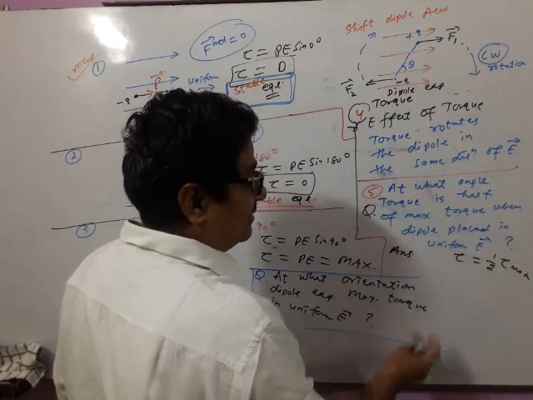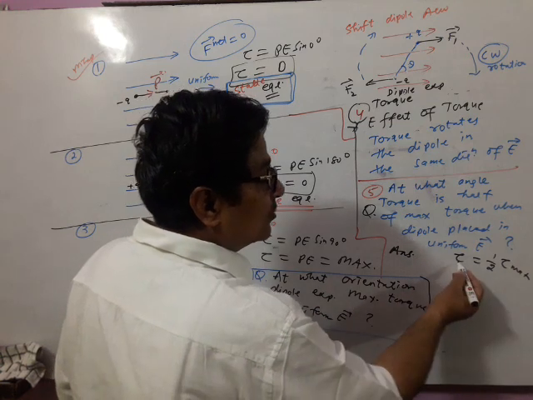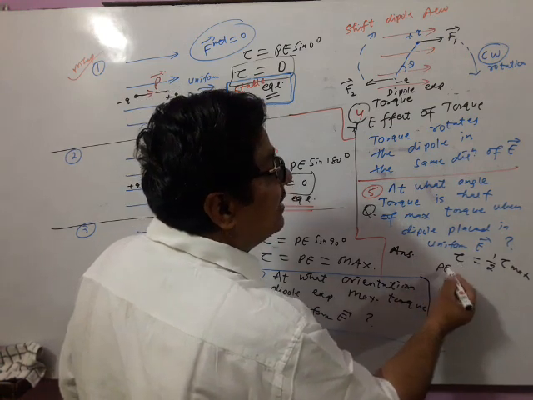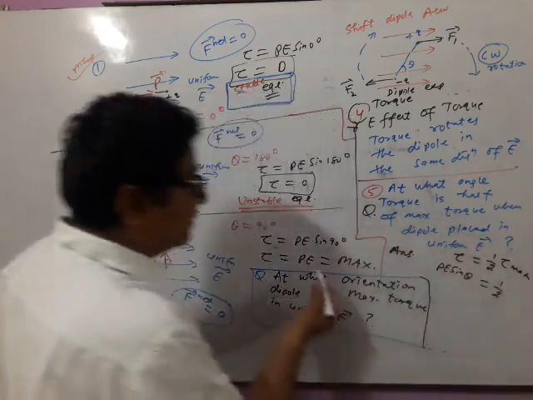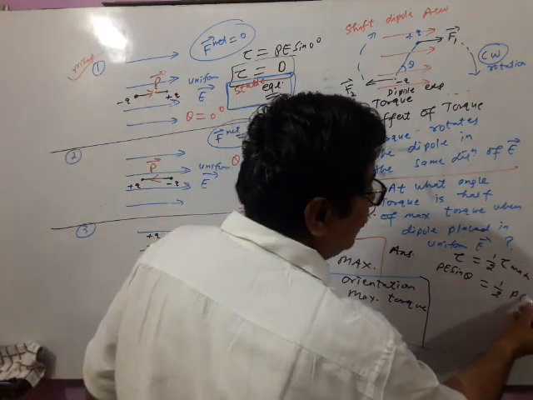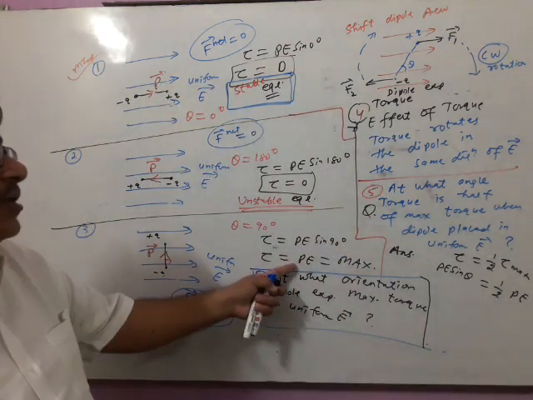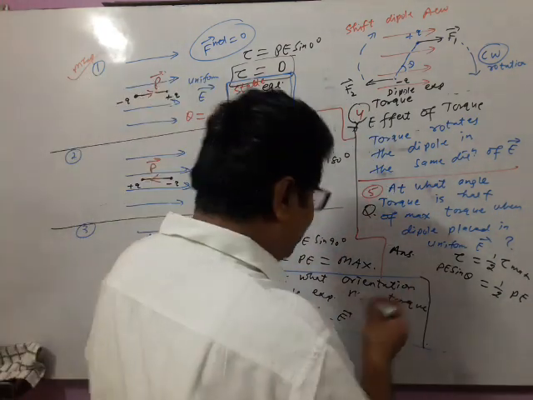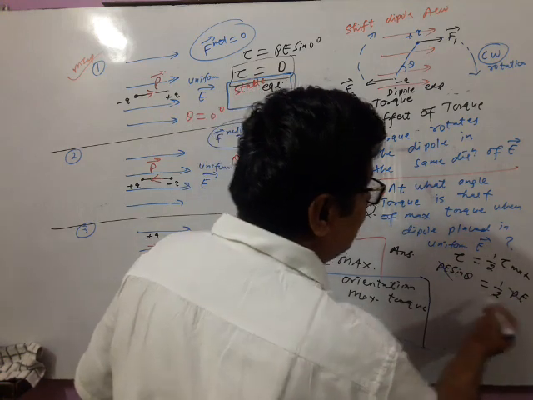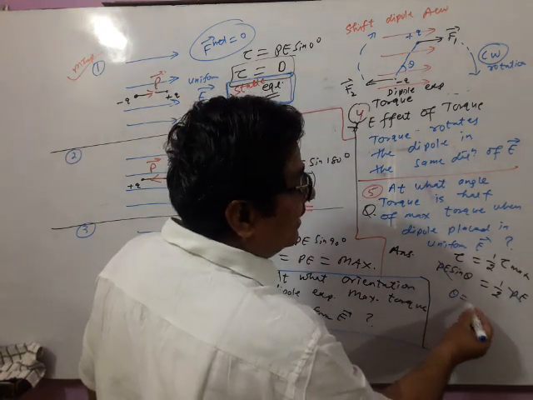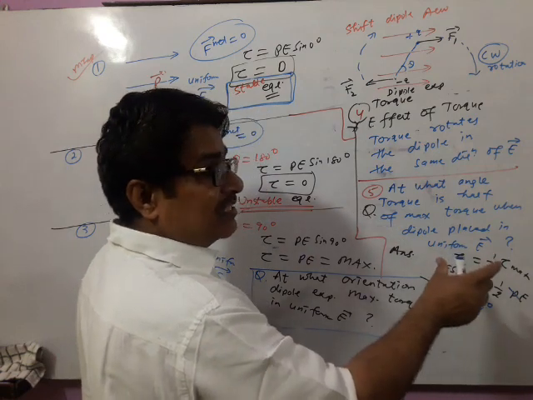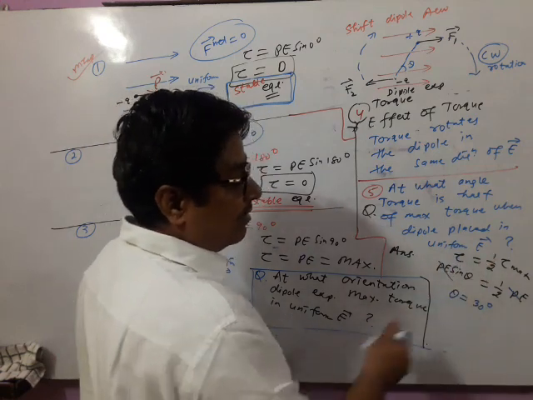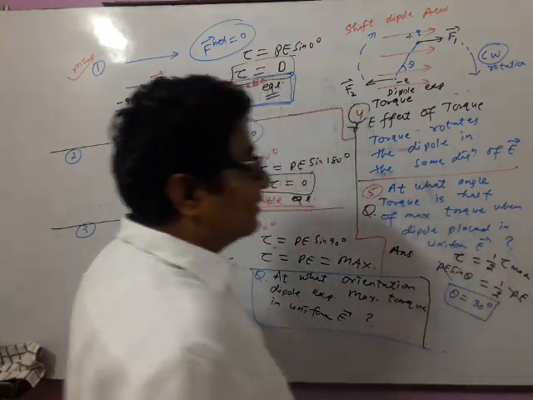So at any instant torque is PE sin theta. Maximum torque is P into E. You will have to remember what is the maximum torque experienced by the dipole. Now simplify. P cancels, sin theta is 1 by 2. Ordinarily we write 30 degrees. As well as you may write in the principal value 150 degrees. This is 30 degrees. You write 30 degrees.